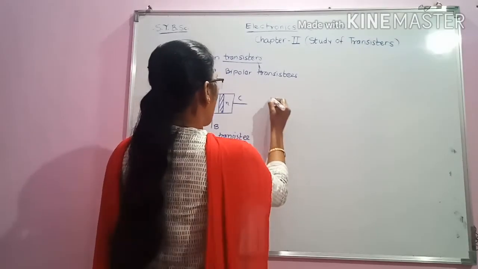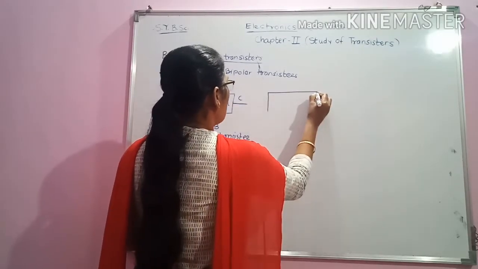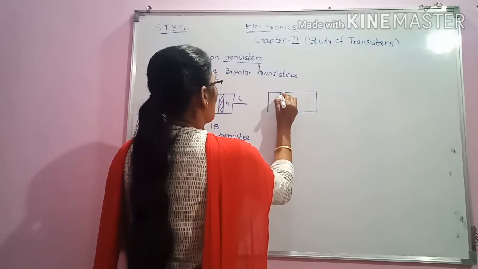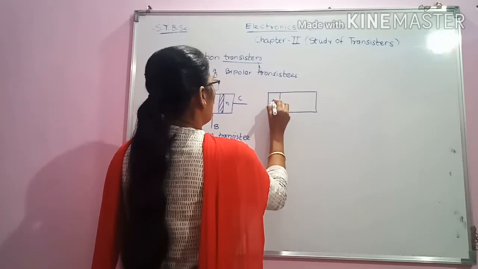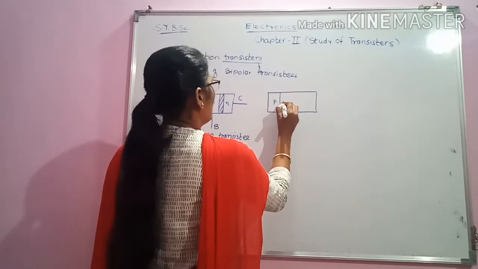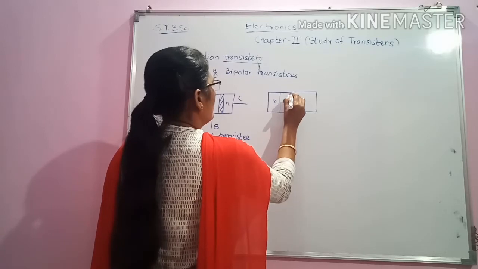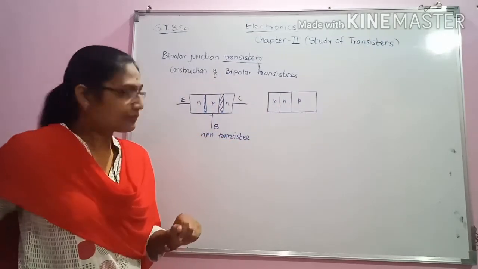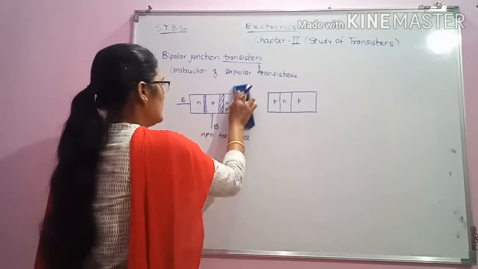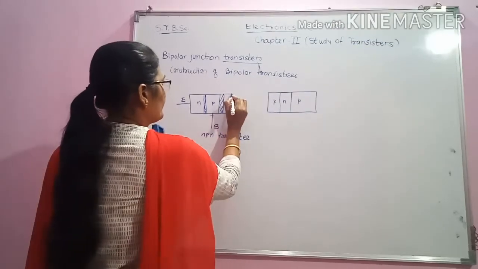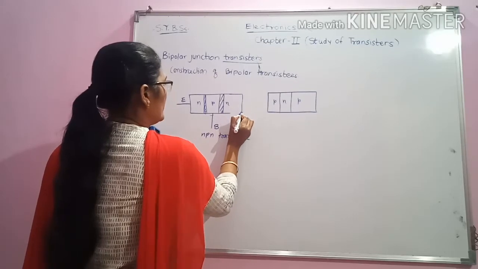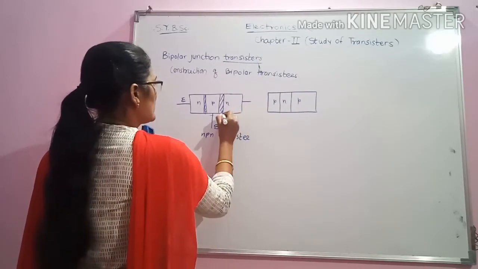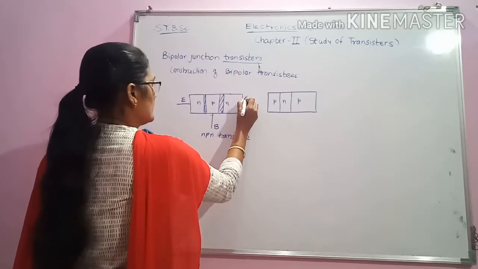Now we will draw the circuit diagram of a PNP transistor. Here I will make the collector portion of the transistor somewhat large in size.